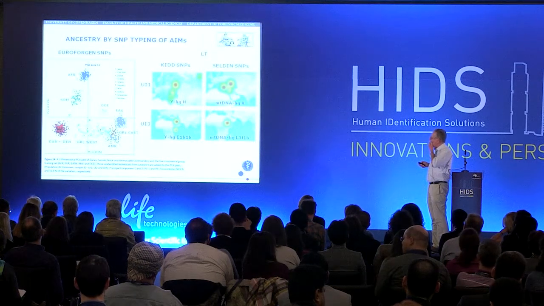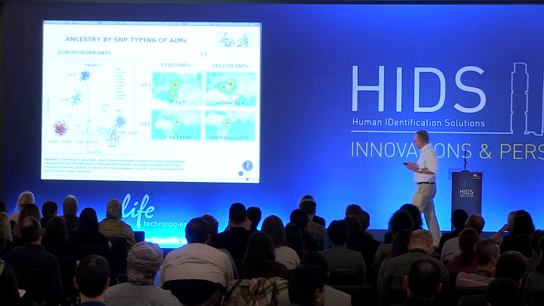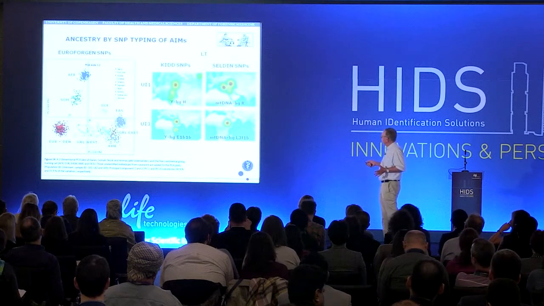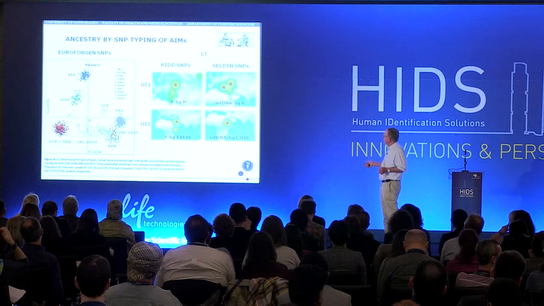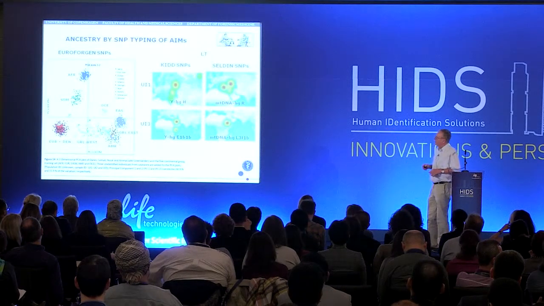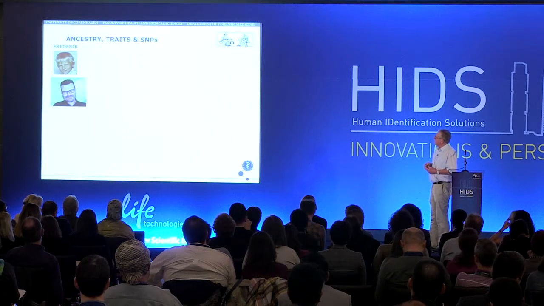And here's another sample. To the left, we have marked the Y chromosome markers, and to the right, we have marked the mitochondrial DNA markers. So these are the results that we can expect in the future.